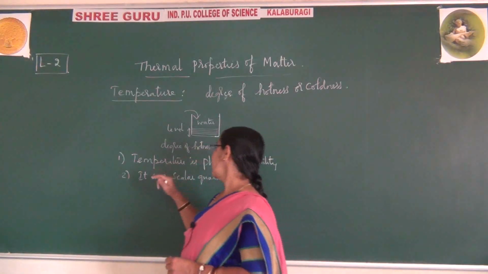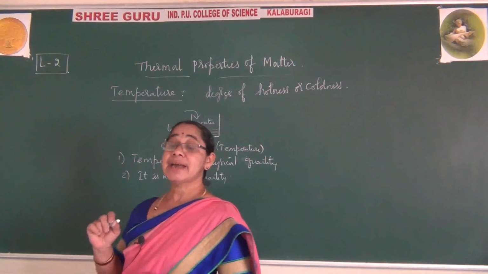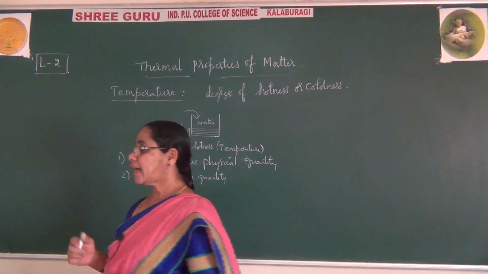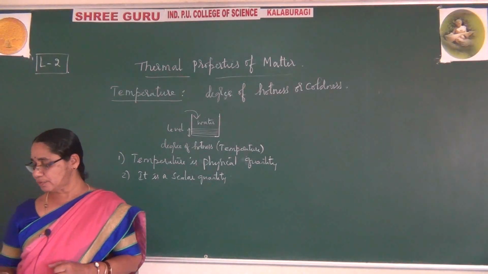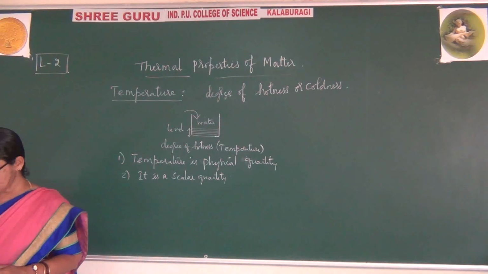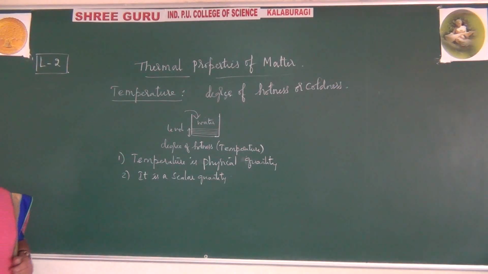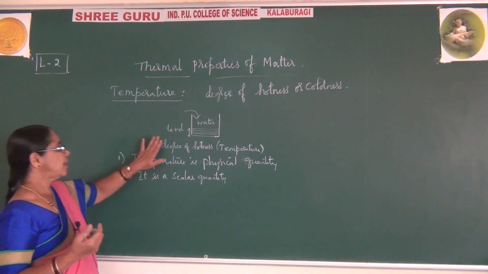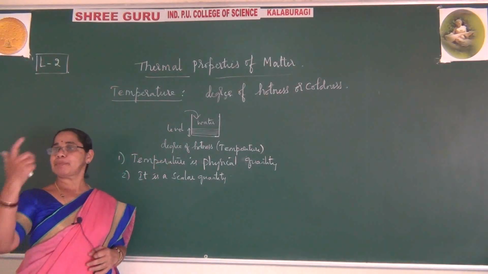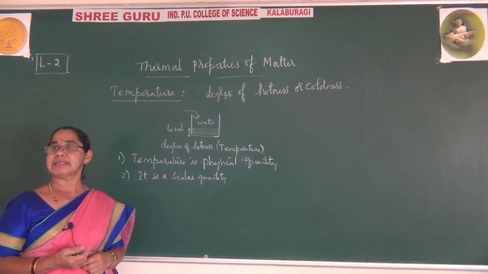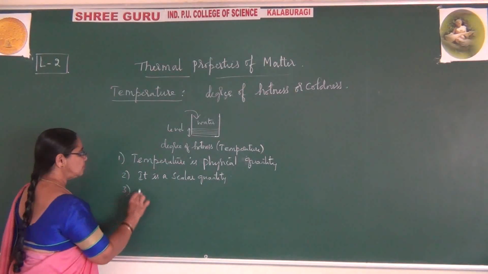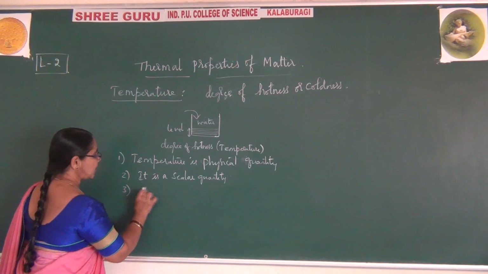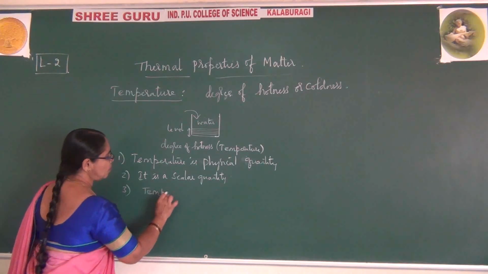So you can say temperature is directly proportional to the kinetic energy of the gas molecules. As the kinetic energy of the given body increases, temperature is directly proportional to the kinetic energy of the body.